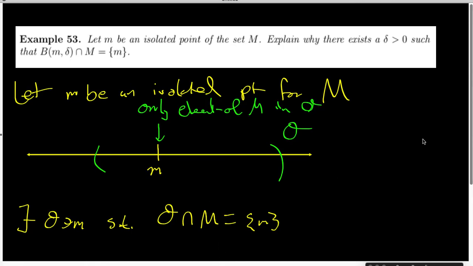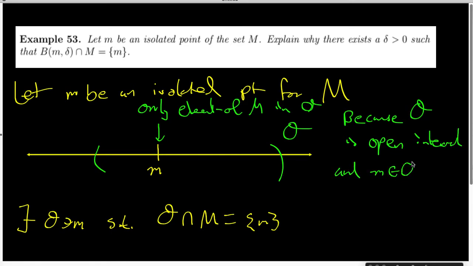Now, because O is an open interval, and because little m belongs to O, we know that there exists a delta bigger than 0 such that the delta ball centered at little m of radius delta is a subset of O. So let's draw that delta ball.